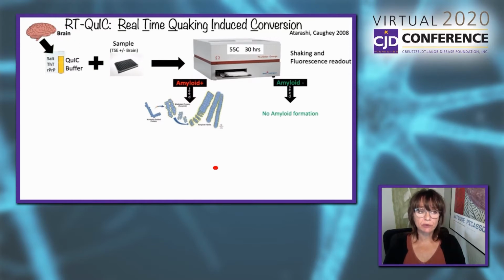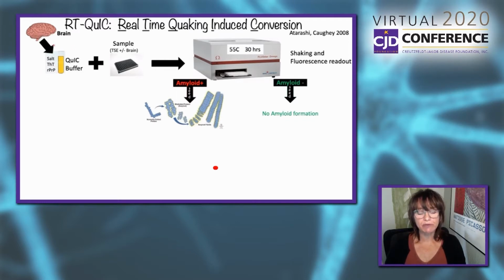So this assay was originally used for tissue, brain or lymphoid tissue, that was put into a glass tube in combination with salts and thioflavin T. This is a dye that binds into the growing amyloid fibril that we know is associated with neurodegenerative diseases, as well as a substrate, in our case the recombinant prion protein.